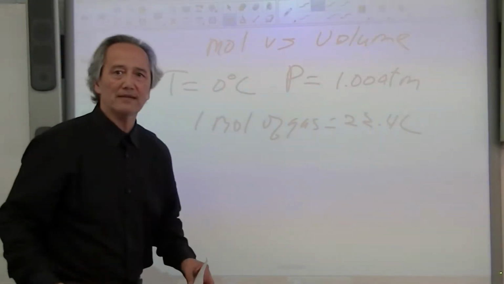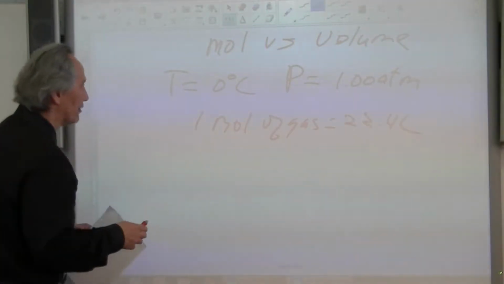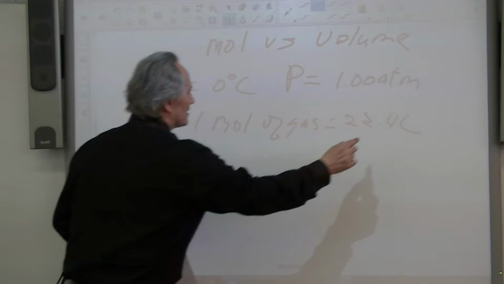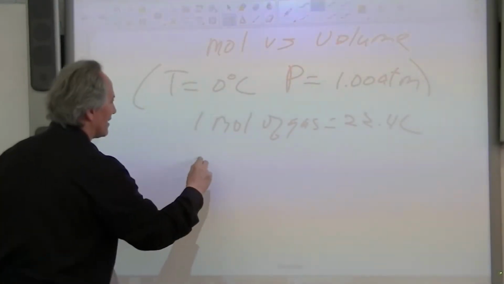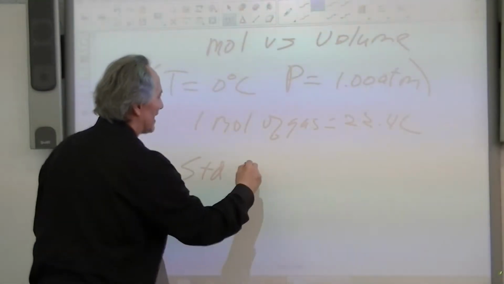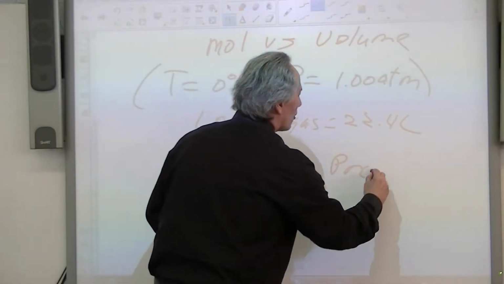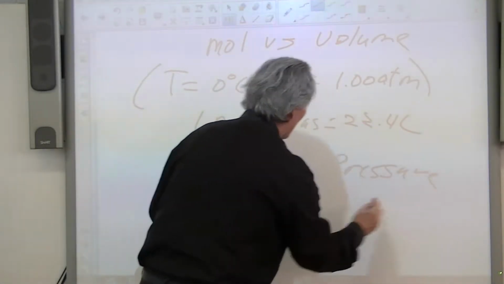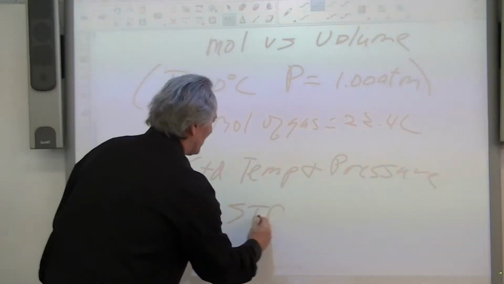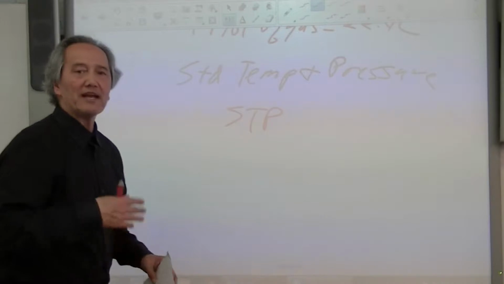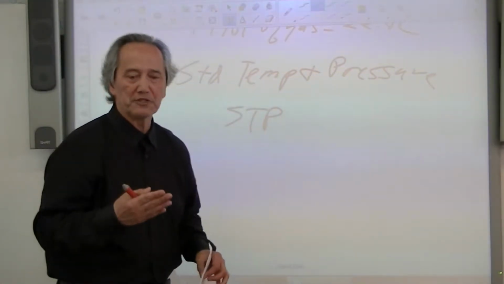Now what does that mean? That means that, for example, if we do have a gas at these particular conditions, now note that these conditions are known as standard temperature and pressure, commonly abbreviated as STP. So again, from this we can identify two different conversions.